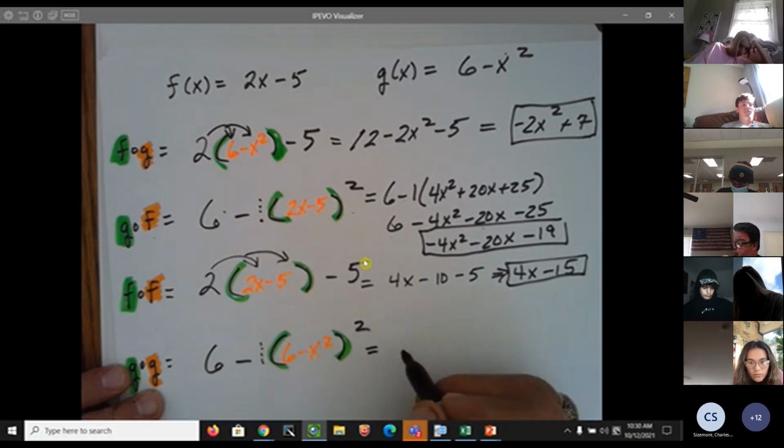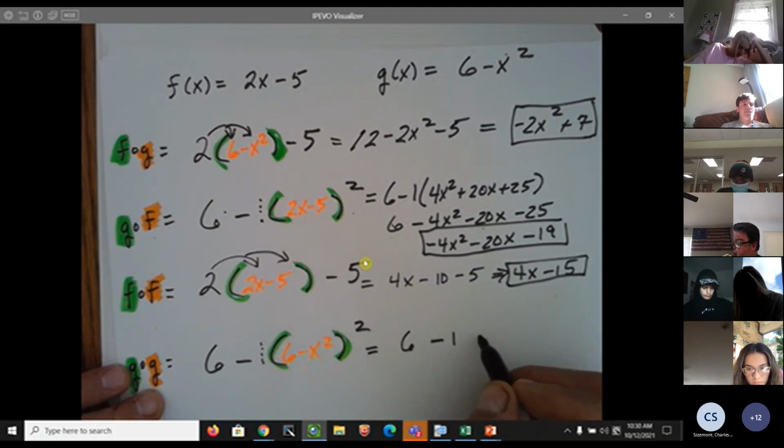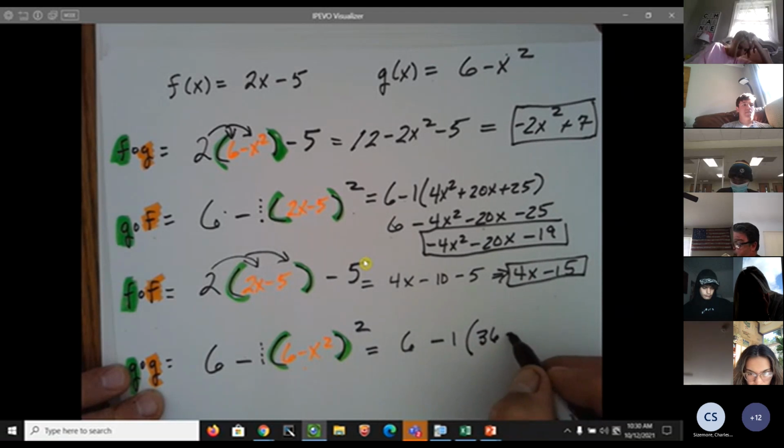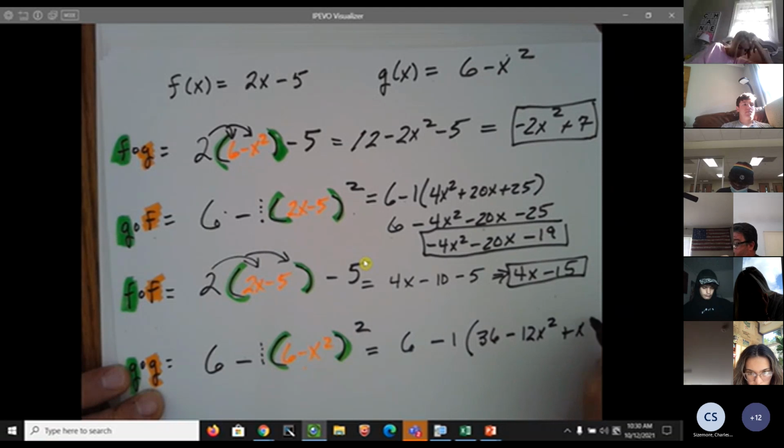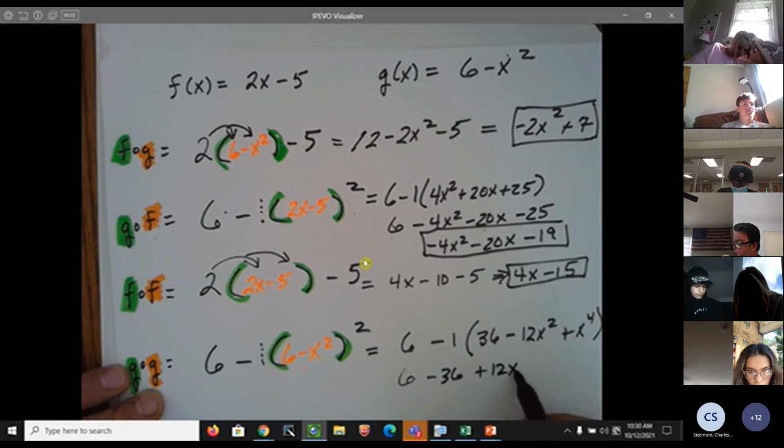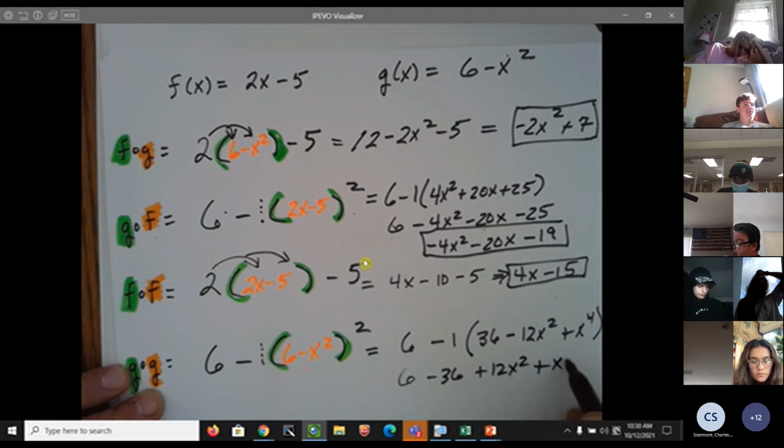So that's going to give me 6 minus 1 times 36 minus 12x squared plus x to the 4th. 6 minus 36 plus 12x squared minus x to the fourth.